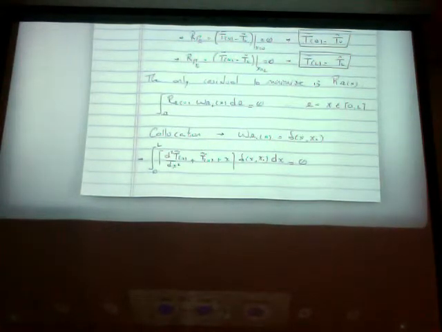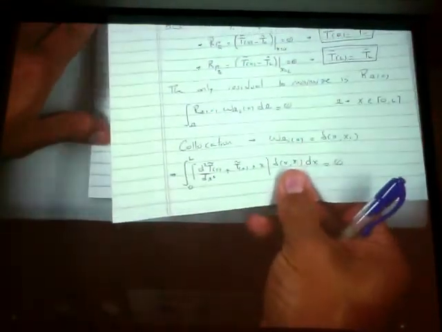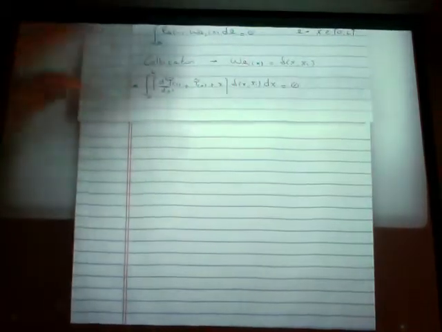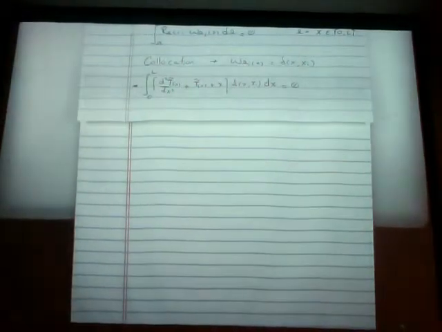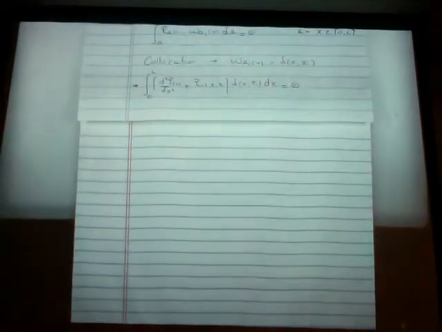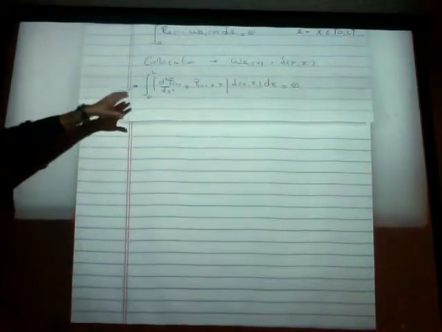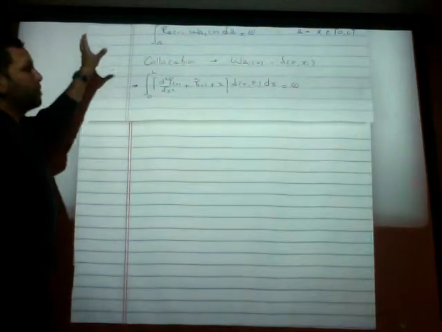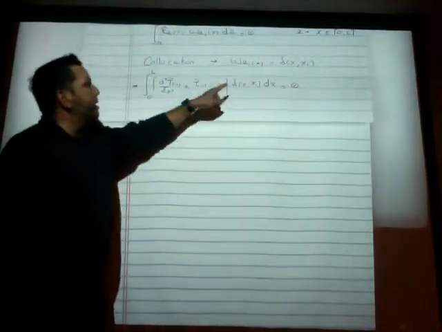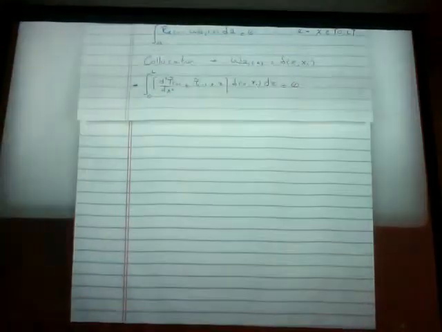So now it's time to use the sifting property of the Dirac delta function. Remember, that means that if a Dirac delta function is inside an integral multiplying any other function inside the integrand, the integral would disappear and just be the evaluation of the integrand at the collocation point of the Dirac delta function.